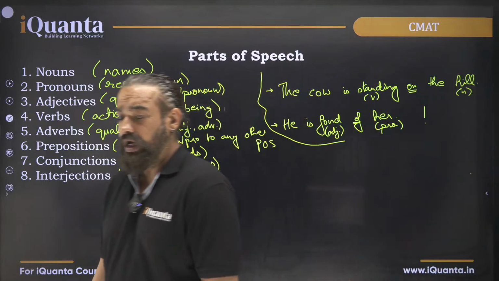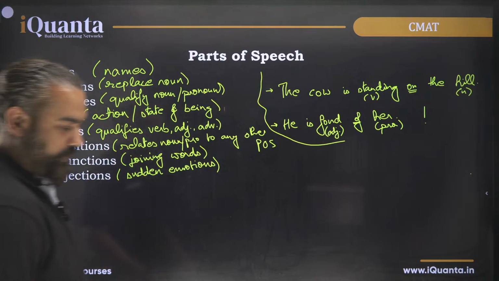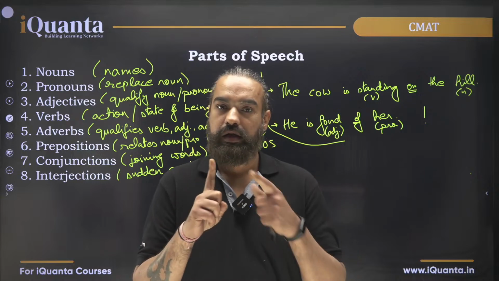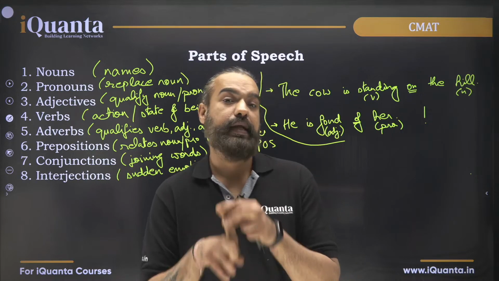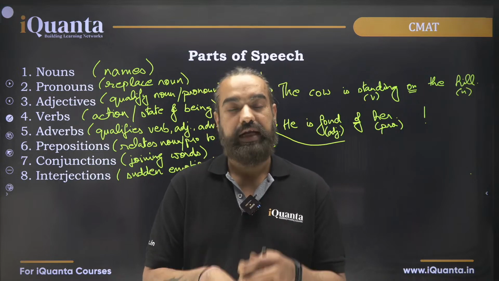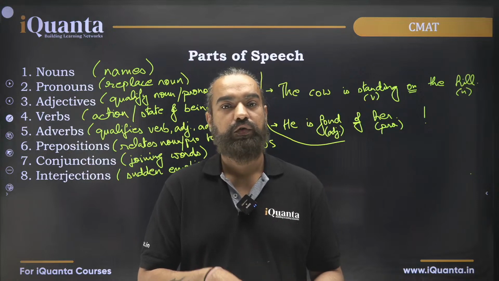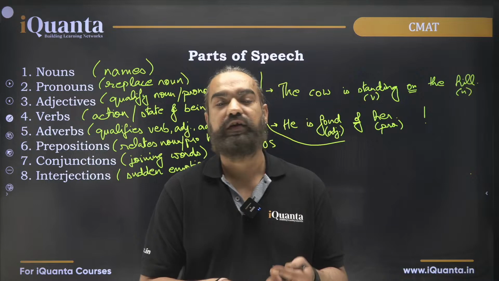Okay. Now we have these. Let's go over these things again. First is noun, function: naming word. Second is pronoun, function: replacing a noun. Third is adjective, function: quality of a noun or a pronoun. Fourth is verb, function: action or state of being.